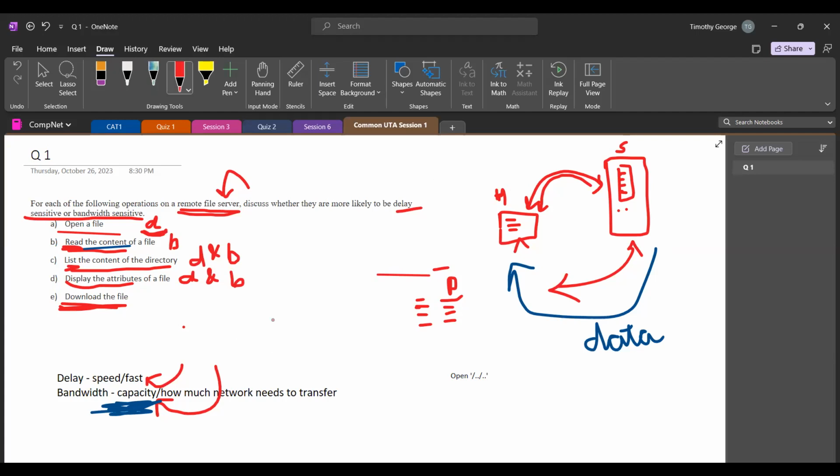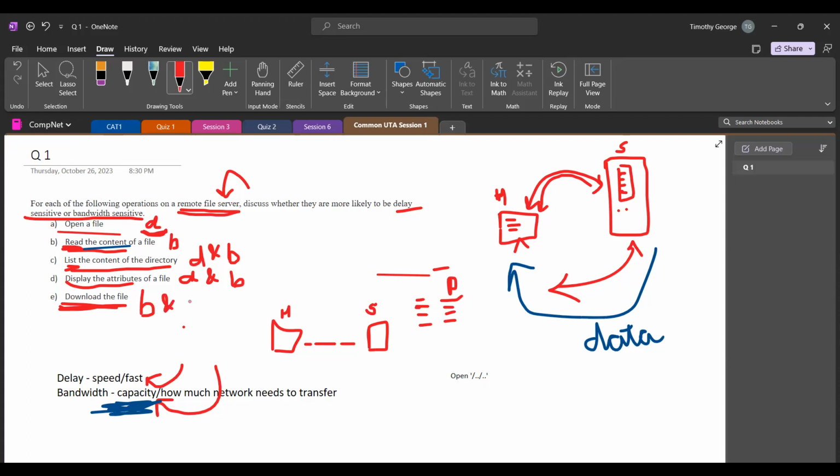So if you're sending from one place to another, the major concern for downloading is that the packets are not lost. And even if this takes time, even if there's delay, we would all prefer a download to complete rather than give an incorrect packet, get a wrong software, or get a wrong download. So this is primarily bandwidth sensitive.